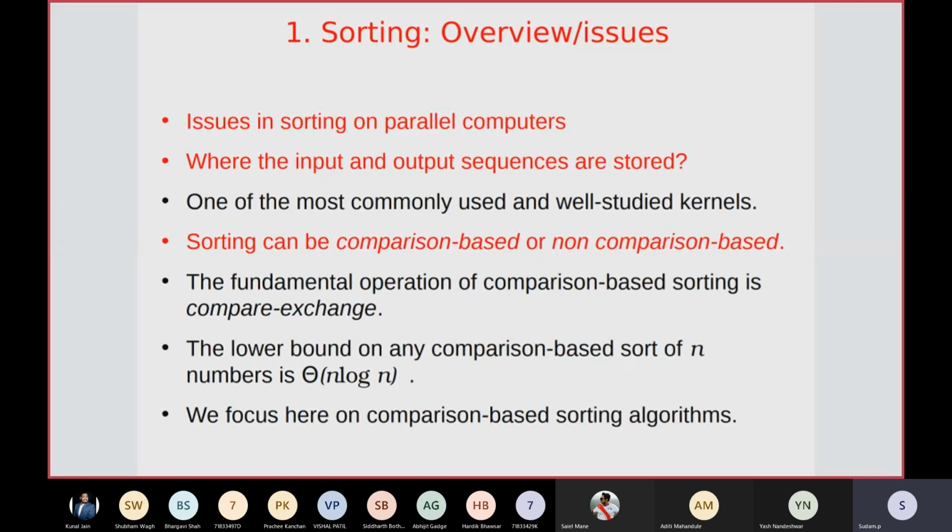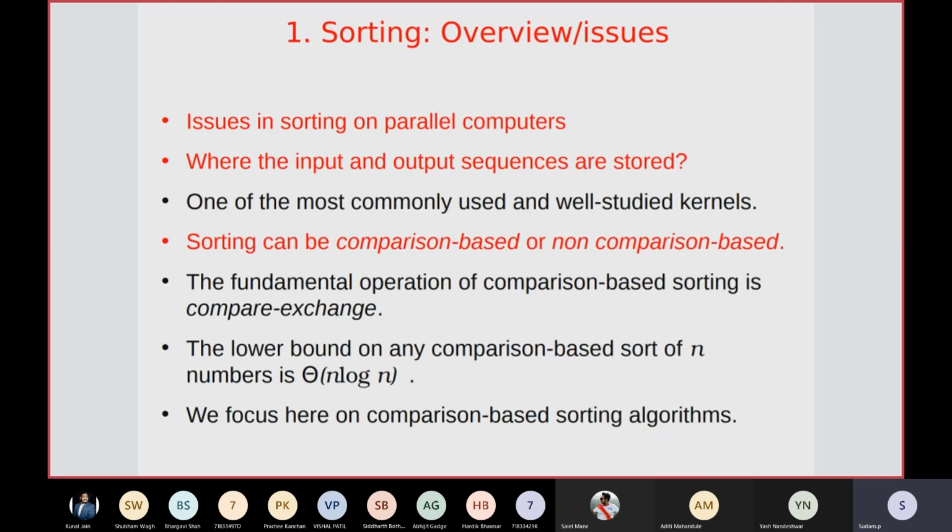A number of processing elements or processors, and a number of machines, will work, and the input sequences are distributed among these multiple machines. They work on their available data, and one processor can communicate with another using the compare and exchange mechanism.